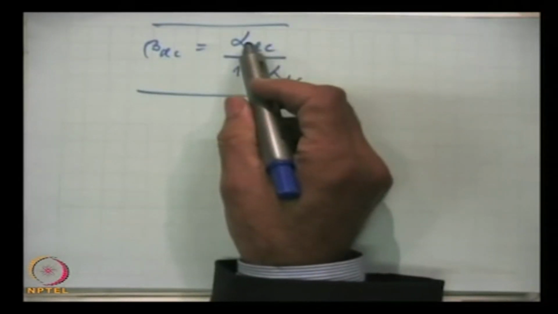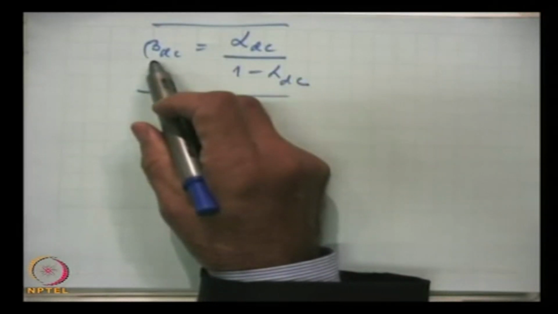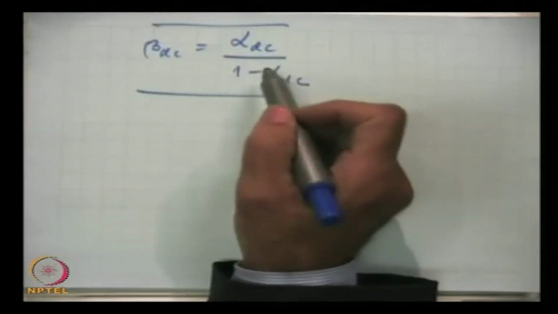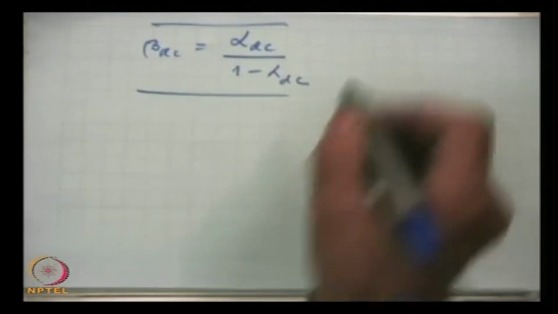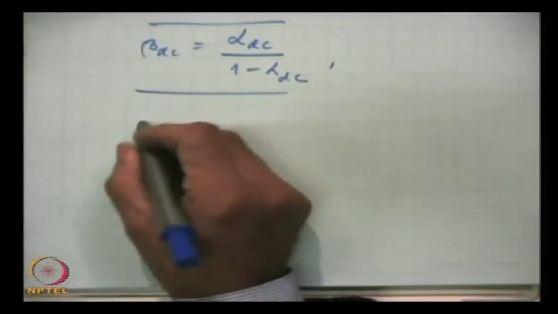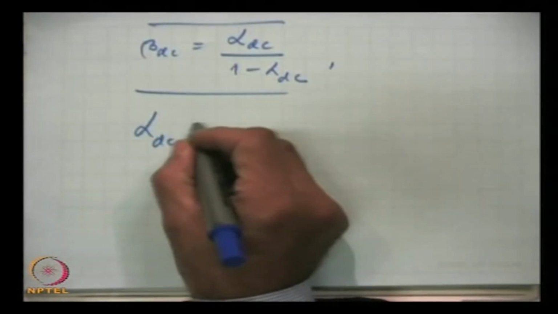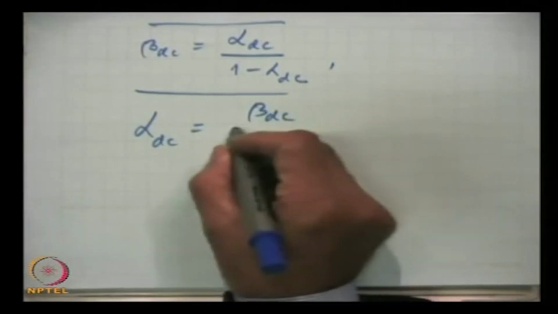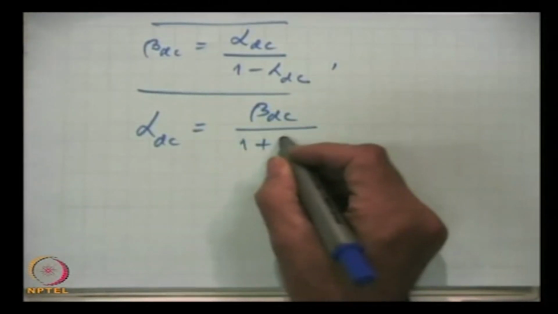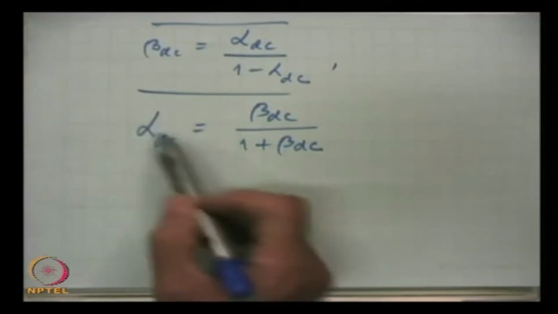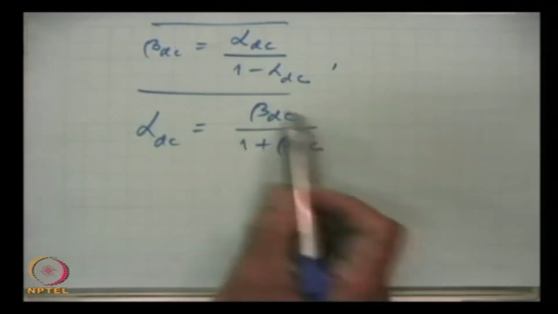If alpha is known, beta can be found out, or if beta is known, then alpha can be found out. From this equation we can also write alpha in terms of beta, that is alpha DC is equal to beta DC by 1 plus beta DC, and as you are seeing, this will be slightly less than 1.